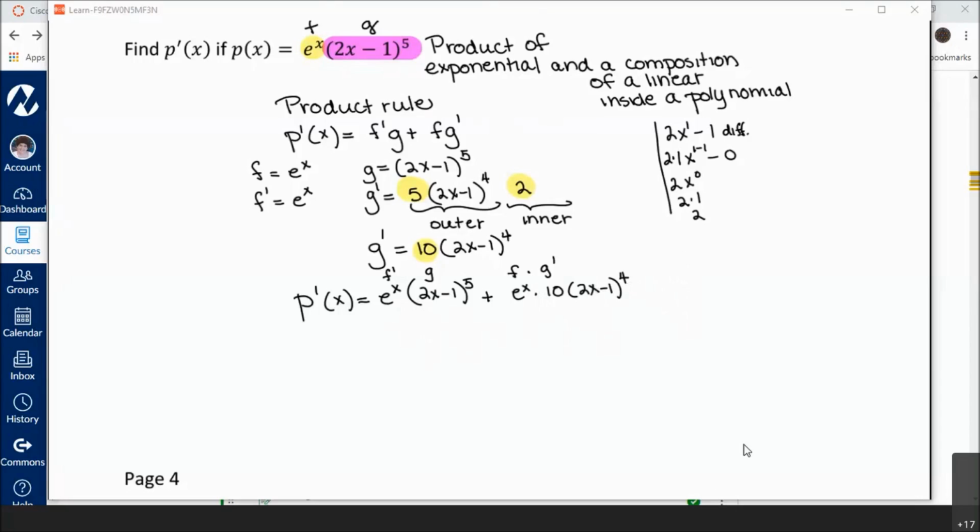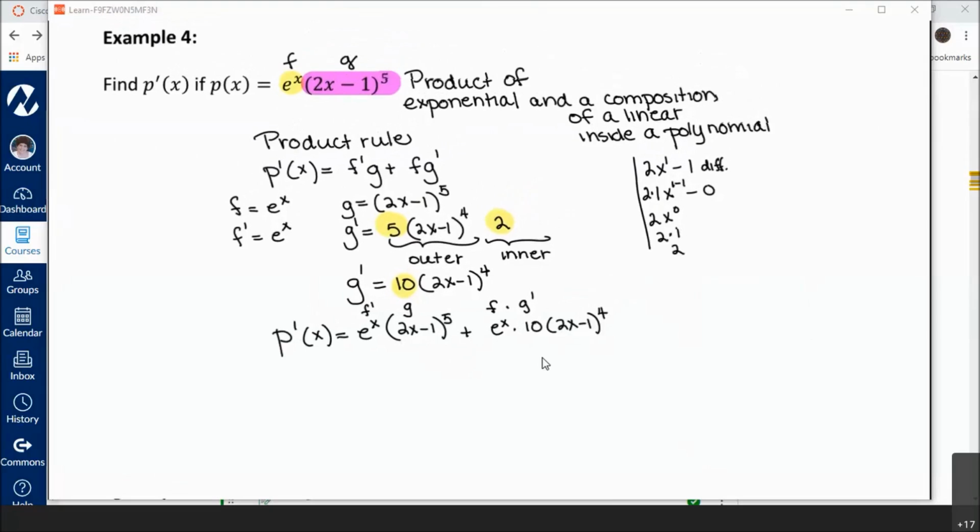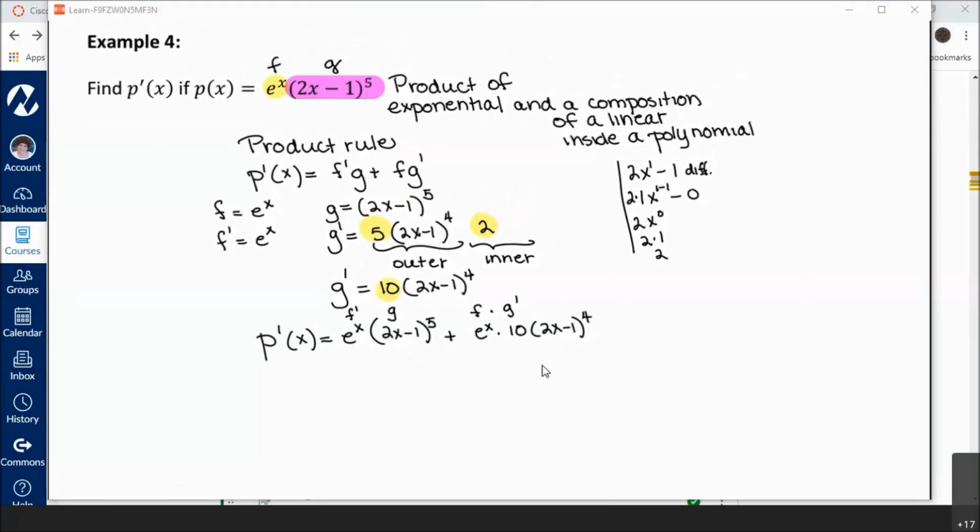Questions on the chain rule inside the product rule? Okay, and it's the chain rule inside the product rule. That's what I mean when I say look at it really carefully and make sure you see what's there.